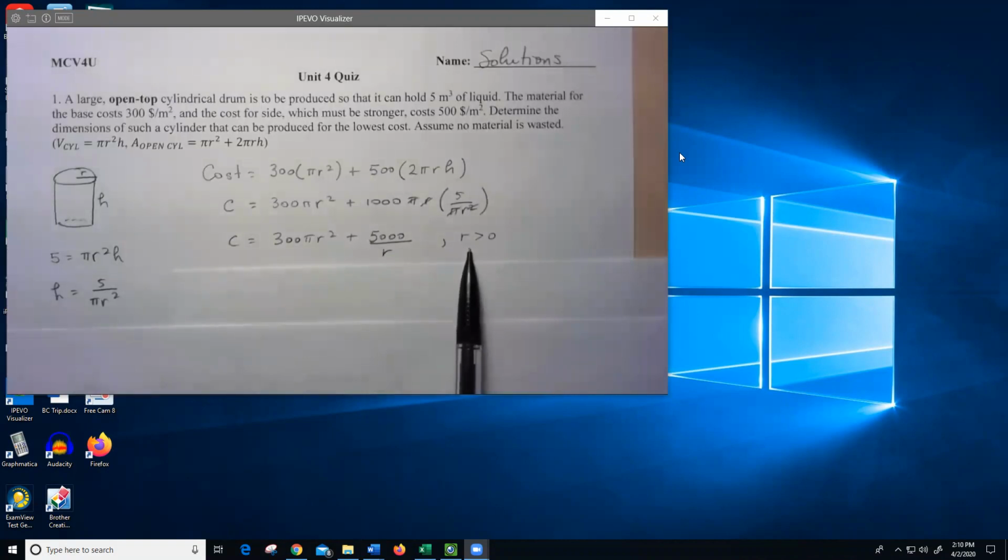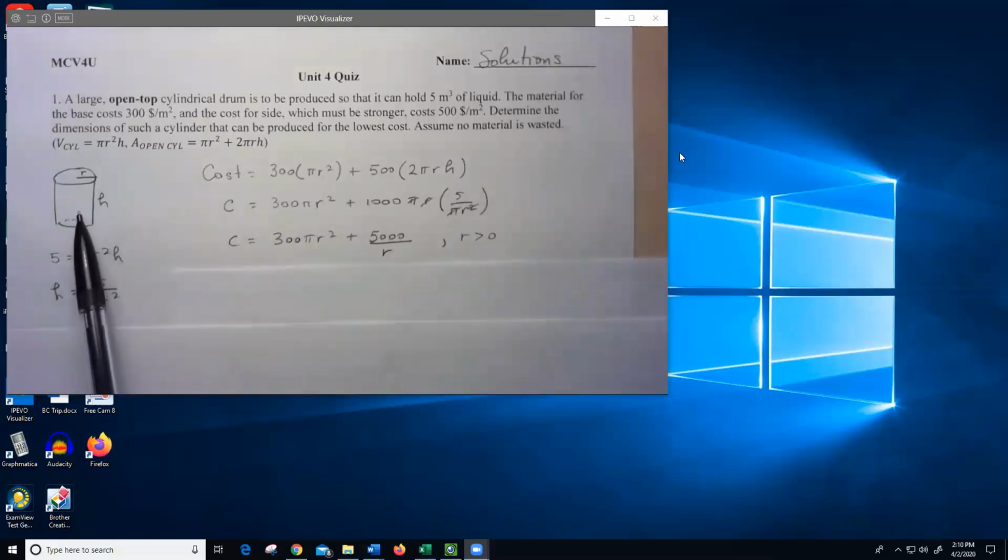Now, in this case, there wasn't too much to this domain, because there are no restrictions on the variables. There was a homework question where the height had to be only so large, or none of the dimensions could be less than 5 centimeters. So this might be a little more complex if you're given some kind of constraint, and here they really didn't.